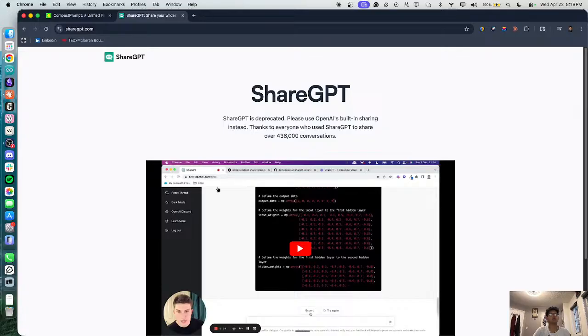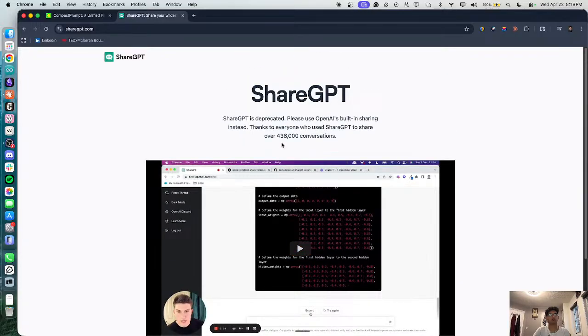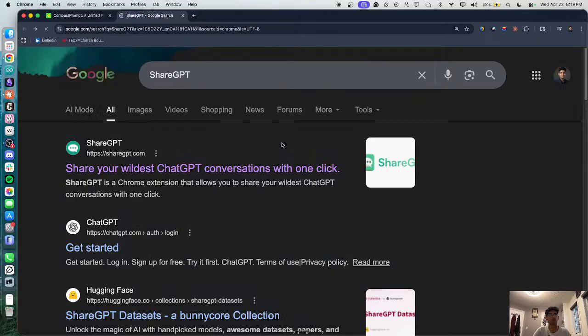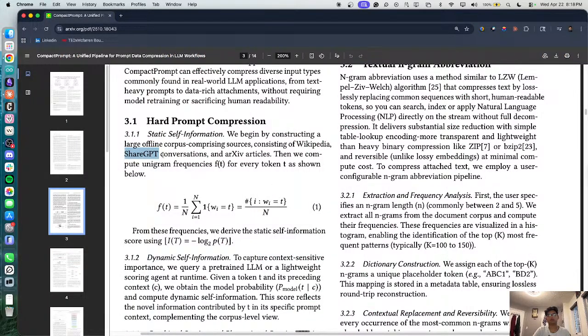Oh, okay. So they deprecated the project. But that's basically probably what OpenAI does now by itself. So that's why you don't really need this anymore.